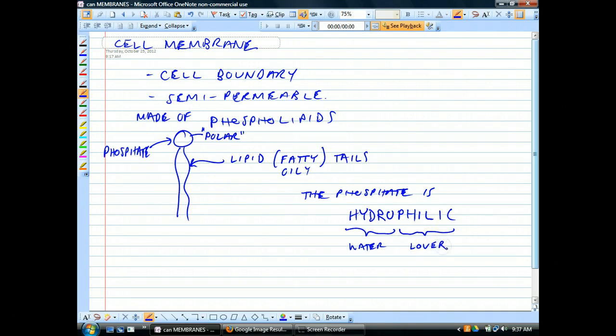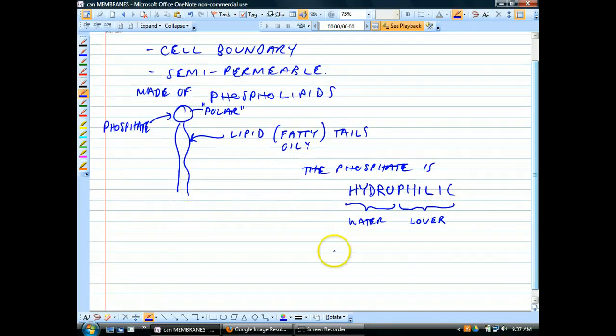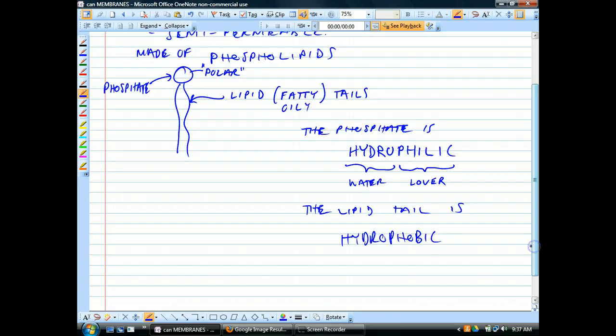Water lover. So it likes water. It's attracted to water, okay? The lipid tail is hydrophobic, and that means water fearing.